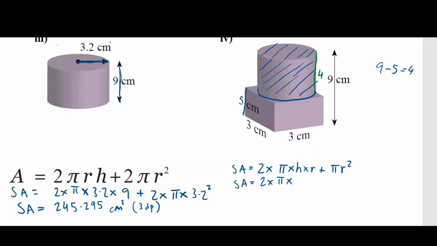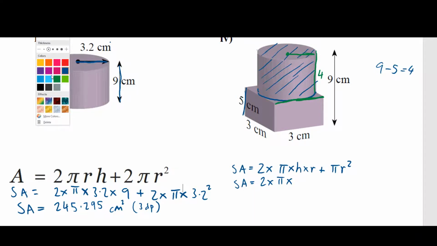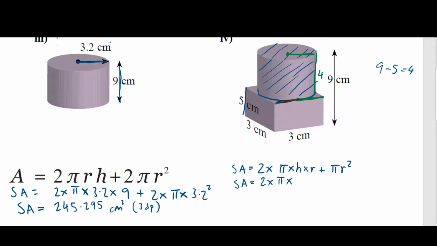Okay, and our radius. All right, so from there to there, all of that is 3. So our radius is going to be half that.